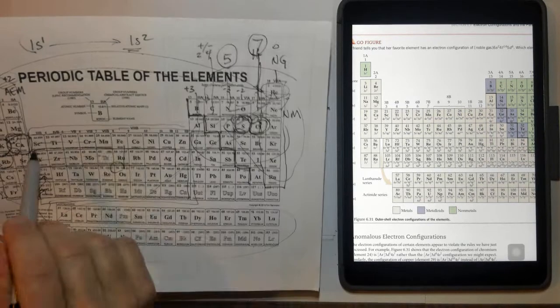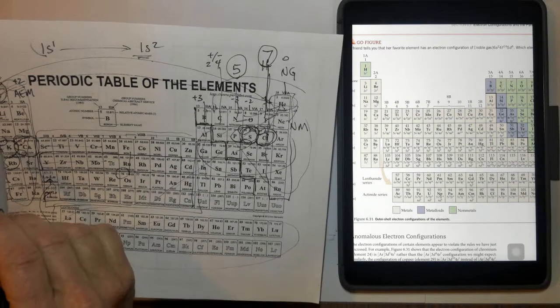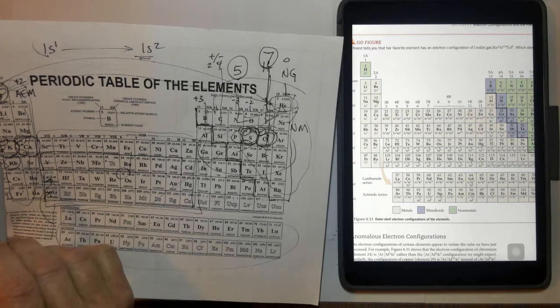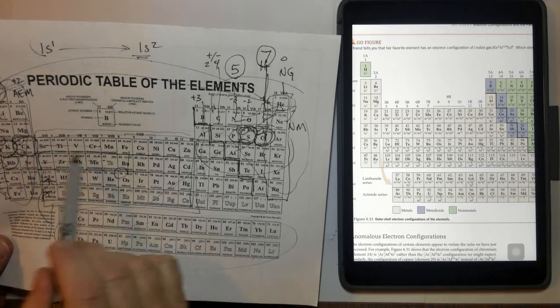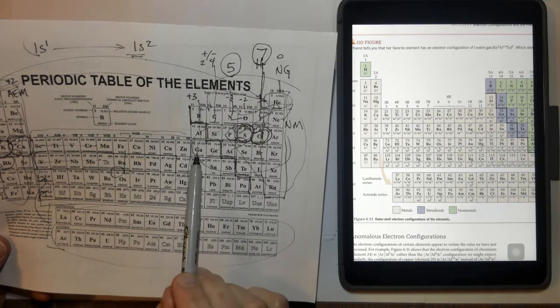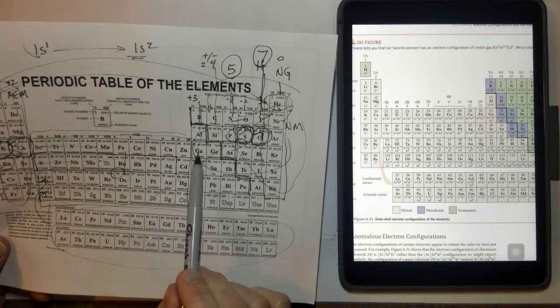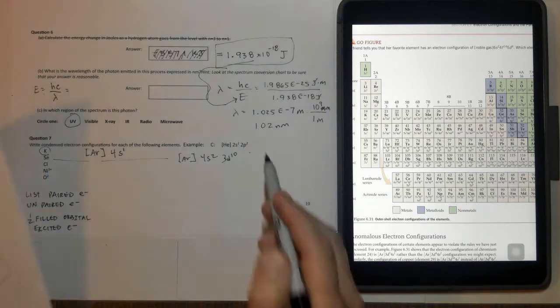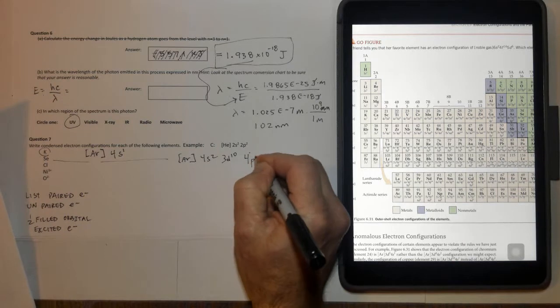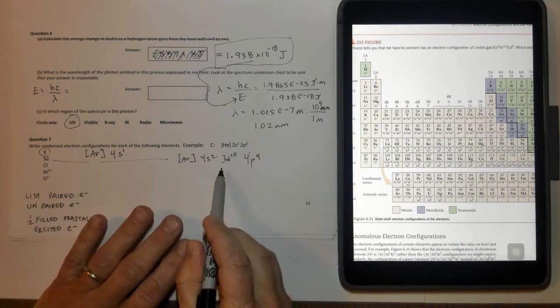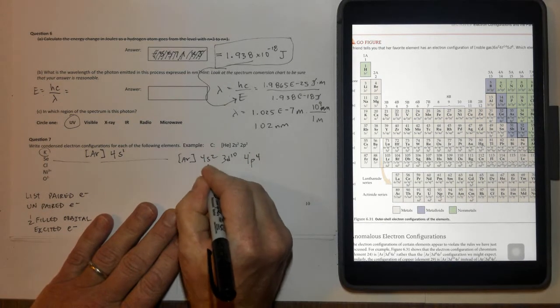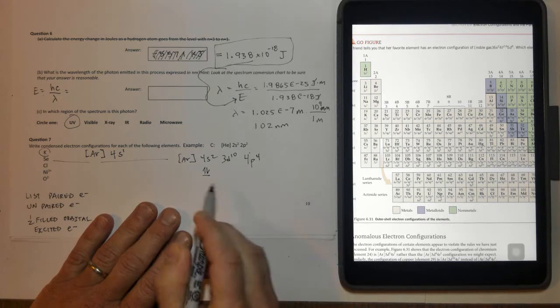And remember that the d orbitals are 1 energy level less than the principal quantum number, where n equals 4, so that'd be 3d10. And then we'd have 1, 2, 3, 4 for the p orbitals right here, so we'd write 4p4.